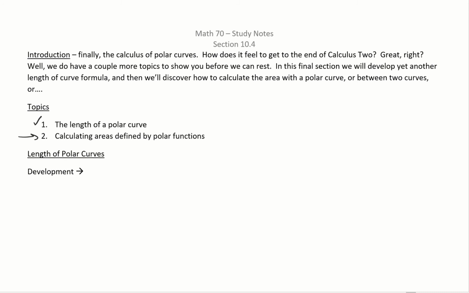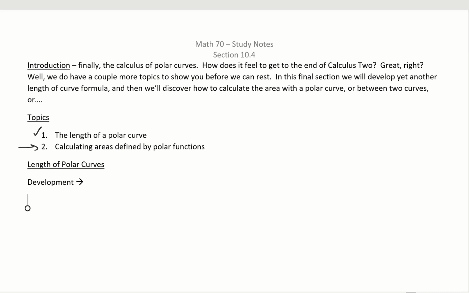We talked about parametric, we talked about rectangular. Now we're talking about polar, where you have a function r is some sort of function of theta again. Okay, we have a length of curve from parametric equations, we have x of t and we have y of t.